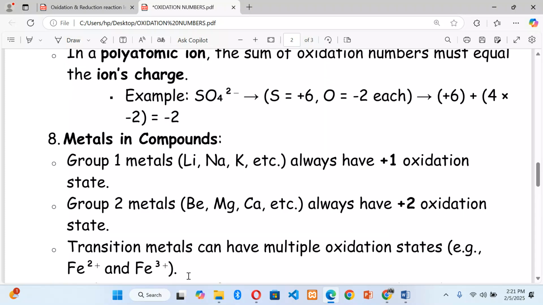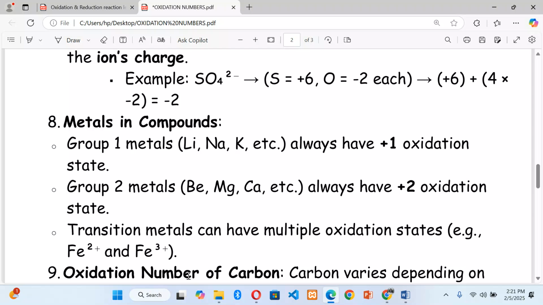Then metals in compounds. Group 1 metals like lithium, sodium, potassium and others always have a +1 oxidation state. Group 2 metals, beryllium, magnesium, calcium, always have a +2 oxidation state.